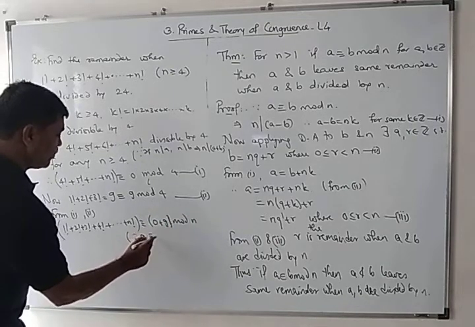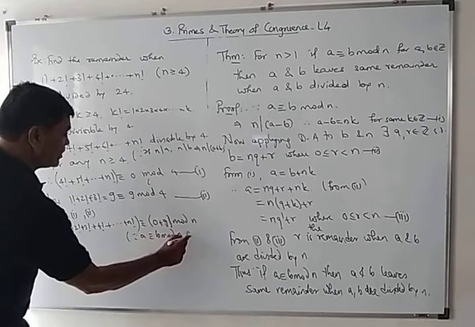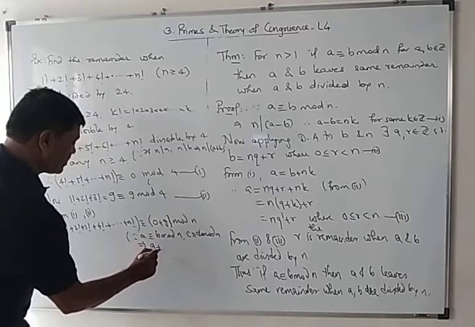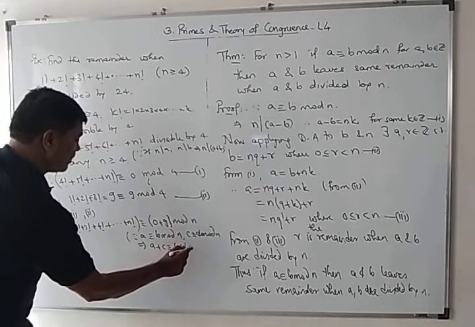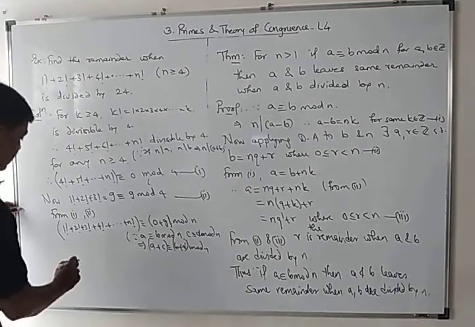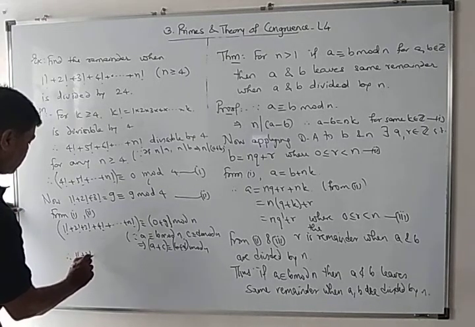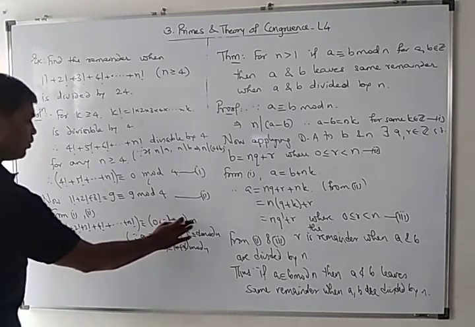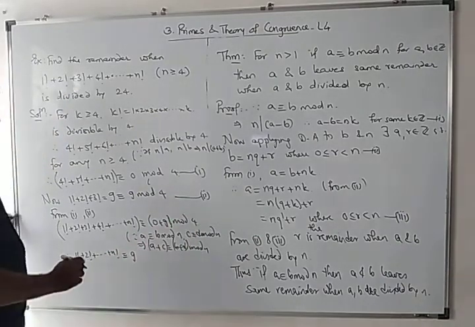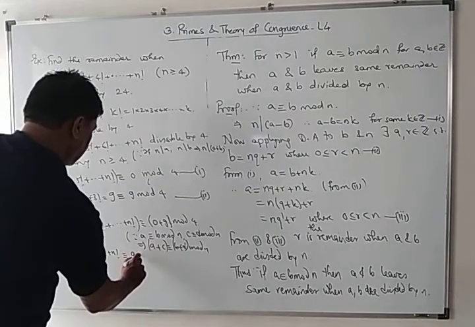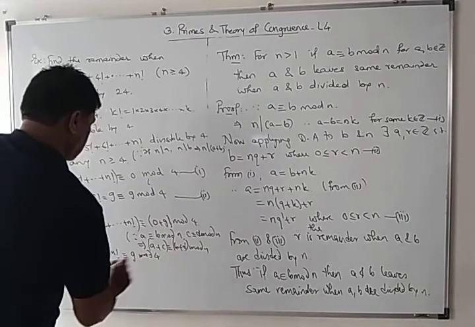Since A congruent to B mod n, C congruent to D mod n implies A plus C is congruent to B plus D mod n. Right? And therefore 1 factorial plus 2 factorial plus, up to n factorial is congruent to 9 modulo n, 9 modulo 4.